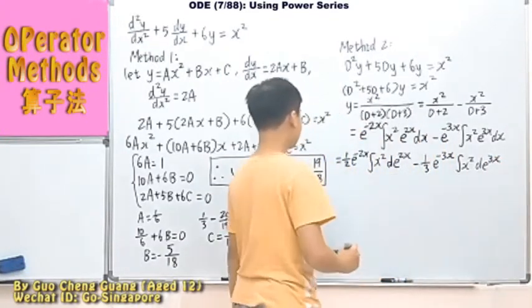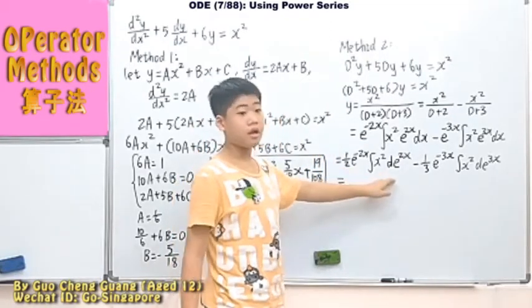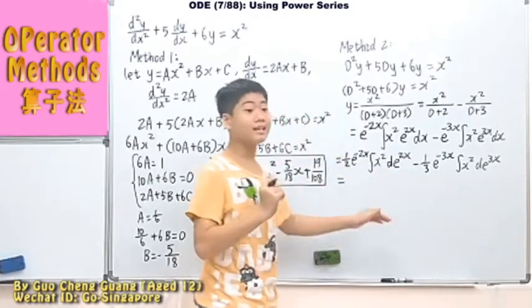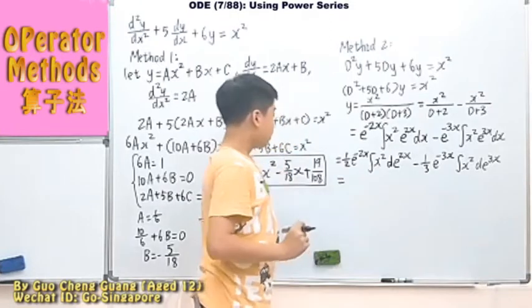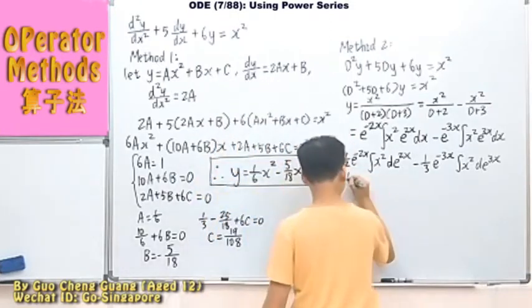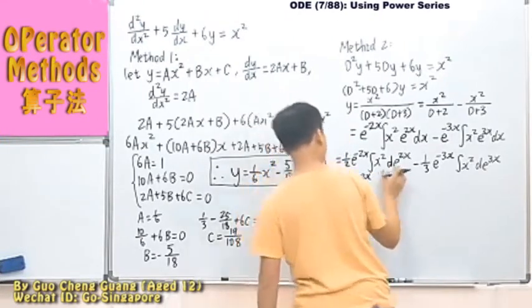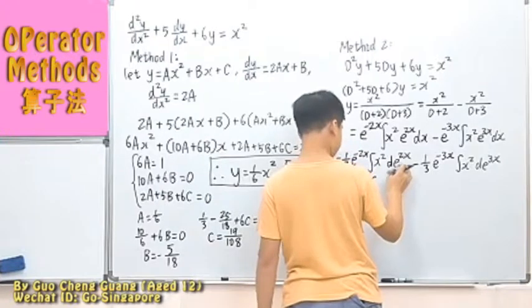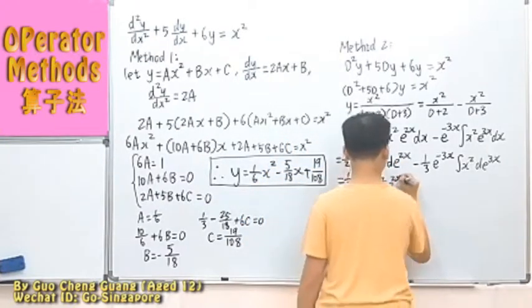Okay, then in this next part, we're going to start using integral by parts for this part, okay? So in this part, x squared e to the power of 2x is going to remain outside here first.